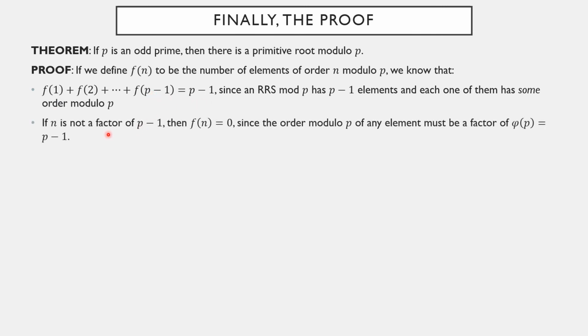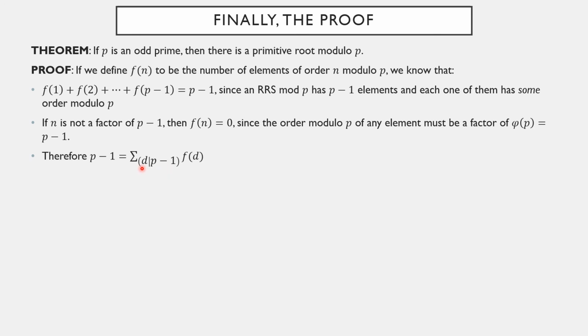However, if n isn't a factor of p minus 1, there are no elements of that order. The order of any element must be a factor of phi of p, and phi of p is p minus 1. So if n is not a factor of p minus 1, then f of n is 0. There are no elements of that order. Therefore, p minus 1 isn't just this sum. I can restrict myself to only looking at the factors of phi of p.